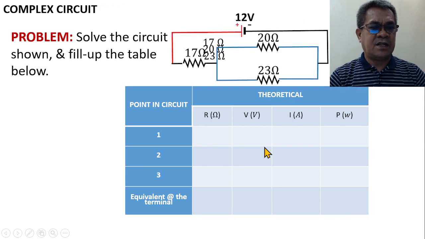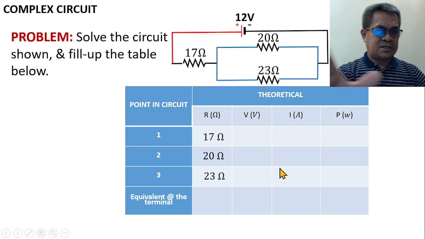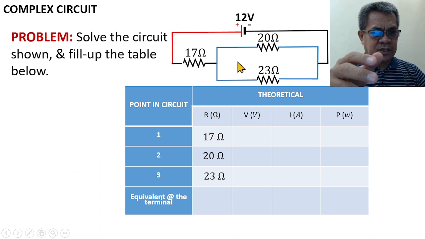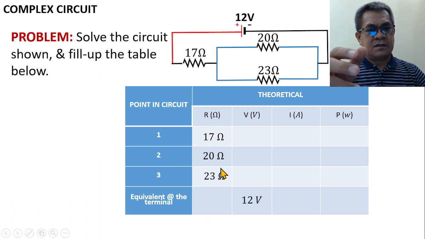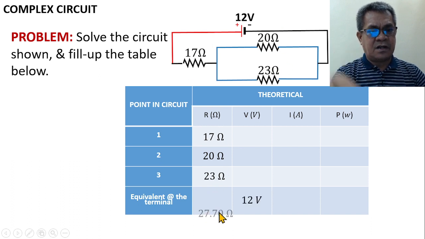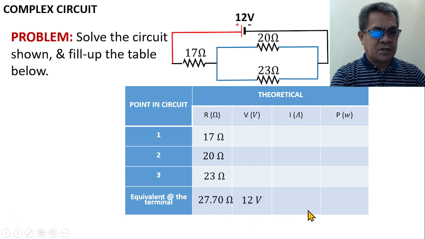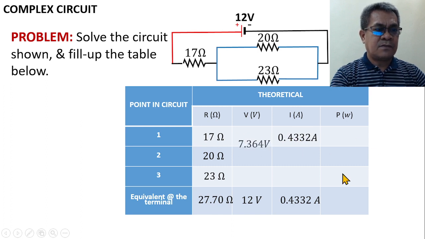Then for the complex circuit, again, you combine these, and then combine it with that to solve for the R equivalent. After that, you can solve for I. Be careful, because only 17, which is R1, has the same current as 4. So you can put it here, then use Ohm's law.